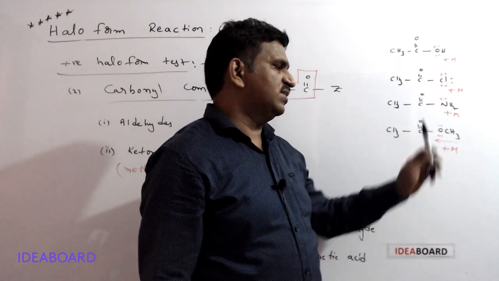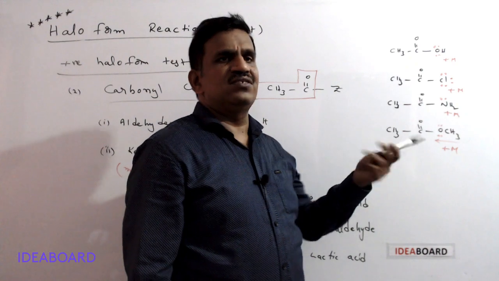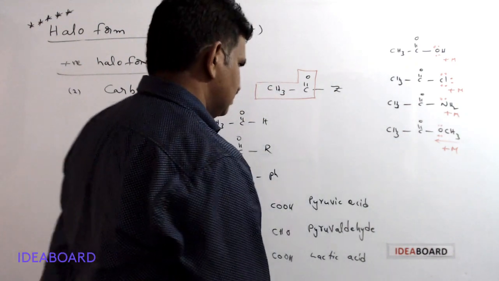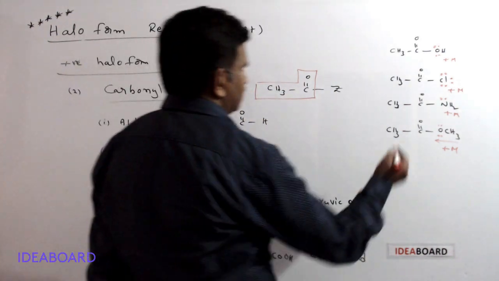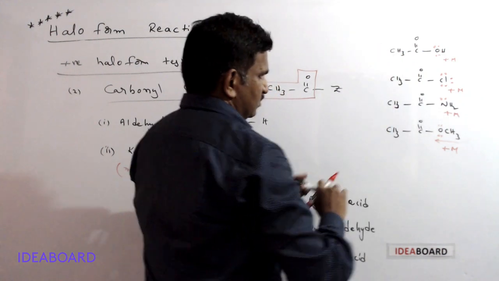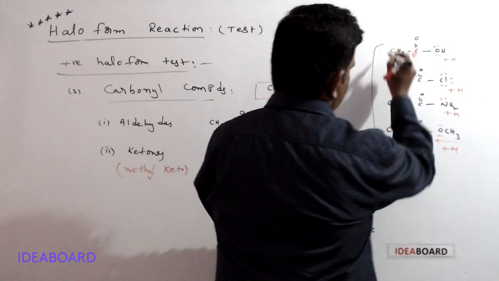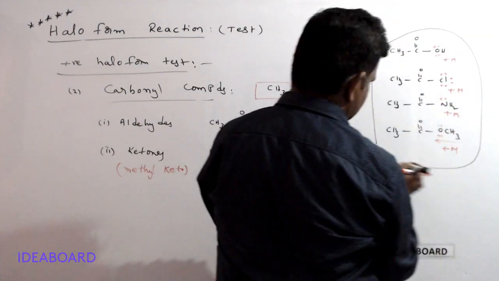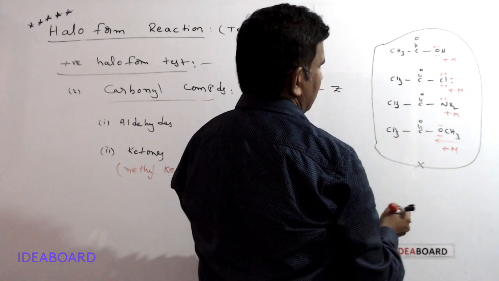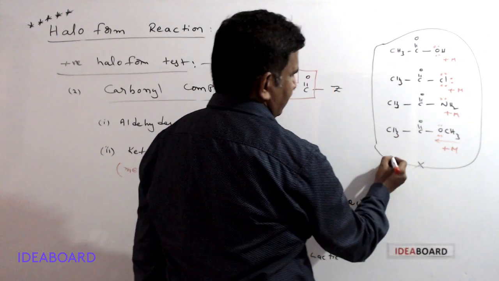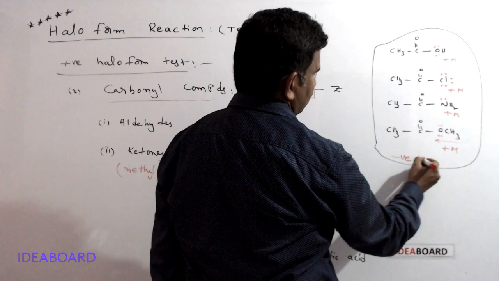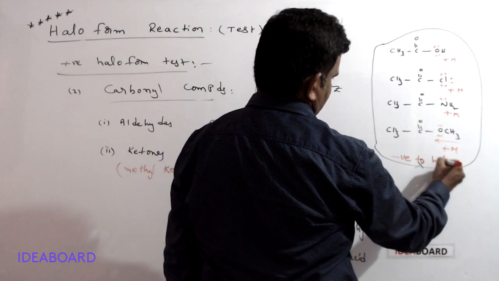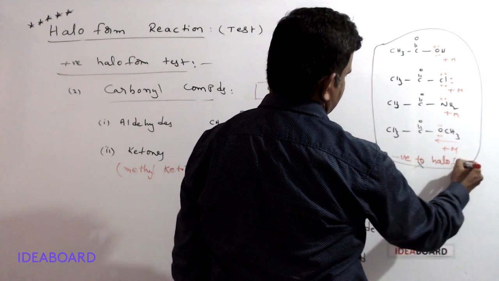But here the plus M effect is there, so it doesn't release electrons easily. So these compounds will not show the haloform reaction. They are negative to the haloform test.